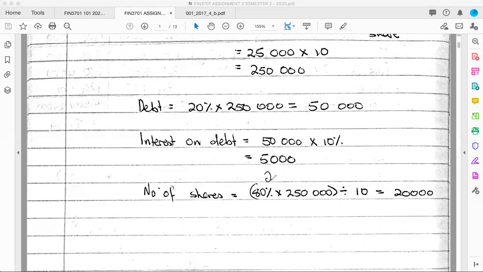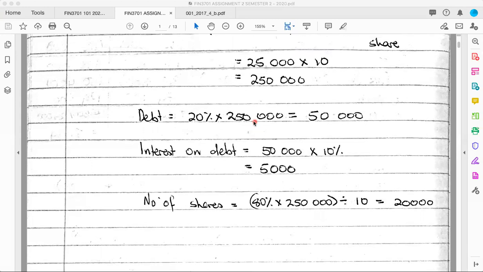In this case, that will be 200,000. And then we'll say 200,000 divided by 10, giving us 20,000 ordinary shares. So after we've introduced 20% debt into our capital structure, we're going to be left with 20,000 ordinary shares.